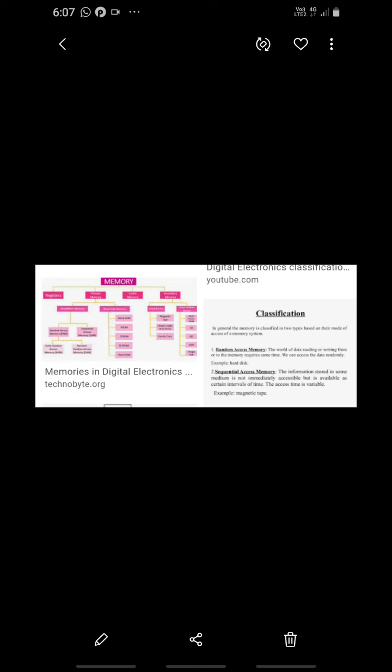Next, based on the type of accessing allowed, the memories are classified into two types: read only memory and read or write memory.